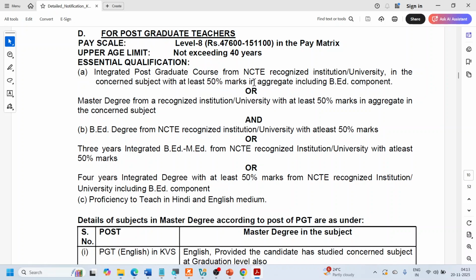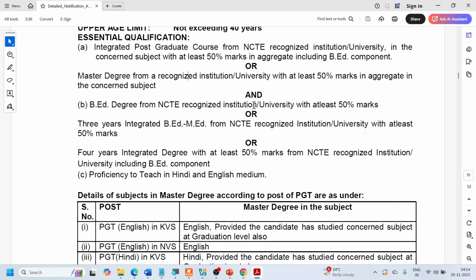Now coming to what the qualifications are that are required. Essentially you need to have a post graduation from a recognized university with the B.Ed. These are the minimum requirements, and for the entire post I will just show you what things are there. You have to have a master degree, which some of you are pursuing.